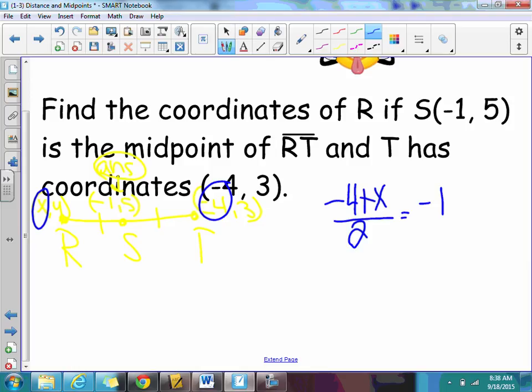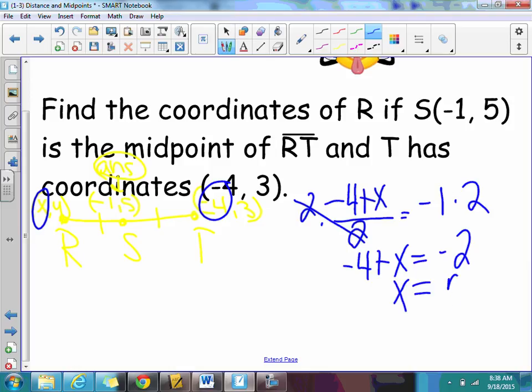So we'll multiply by 2 to get rid of divide by 2. And then add my 4 to get 2, because it's a -4, so we want to add 4 to both sides. So that means my x coordinate is 2.